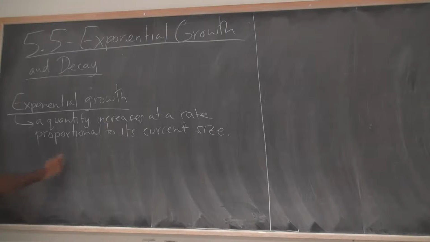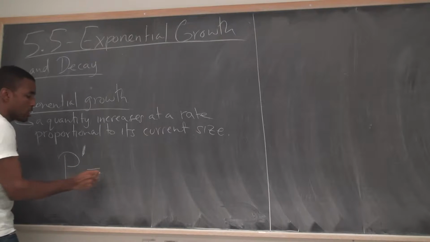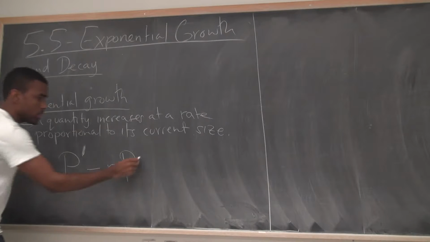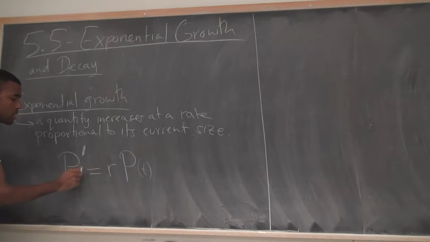So if the quantity is described by p, it means p prime, the rate of change of p, is proportional to the current value of p, right? Usually this is a quantity that depends on time, so you think of this as functions of t, but I usually don't write it. So anything that has this sort of growth, we say it has exponential growth.